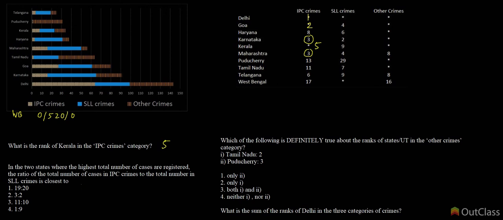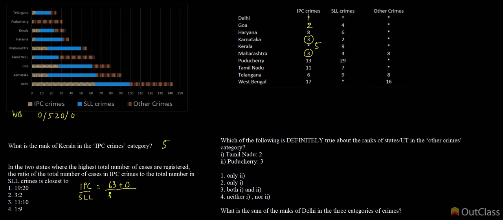So the IPC by SLL ratio will be: Delhi's IPC is around 63. West Bengal is not contributing anything. Delhi's SLL is maybe 90 up to 98 maybe.